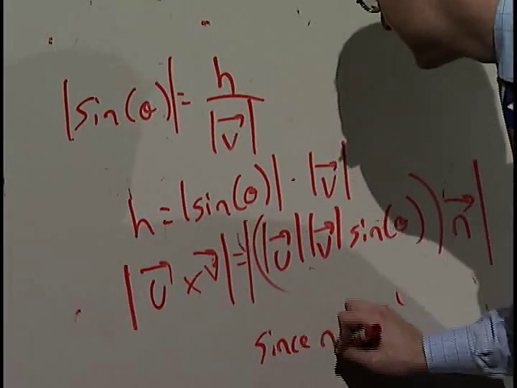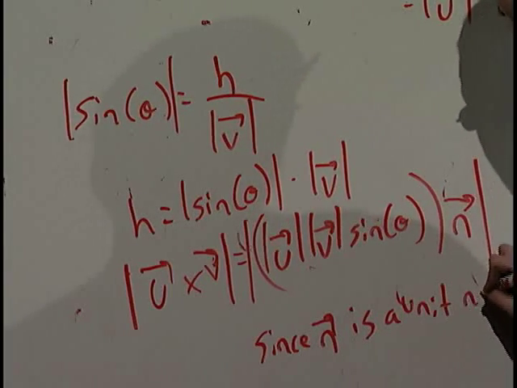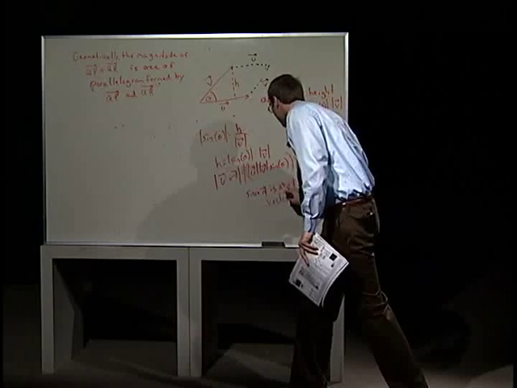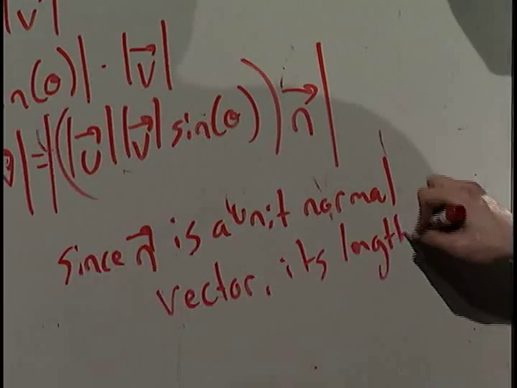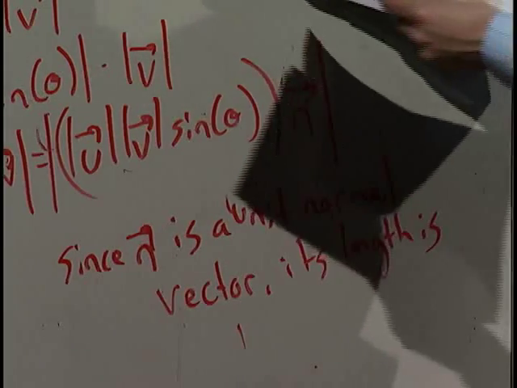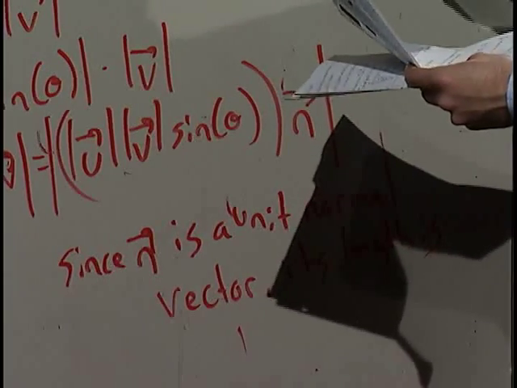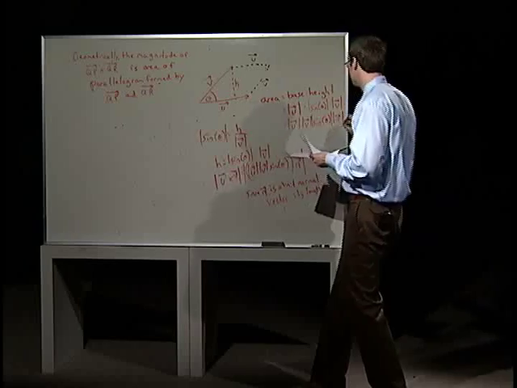However, since n is a unit normal vector, right? Its length is always 1. So as a consequence, what we have up here is something like sine theta times that.